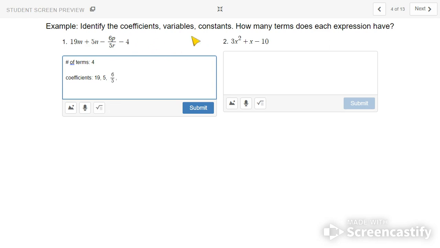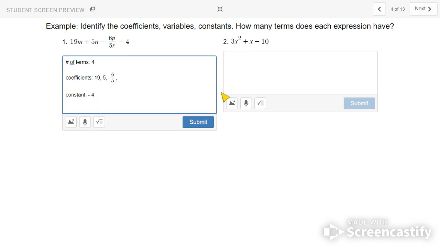Negative 4, though, is not a coefficient because it's a constant. It doesn't have a variable, so it's just a number, and we call that a constant. Finally, our variables. We have the letters M, N, P, and R.